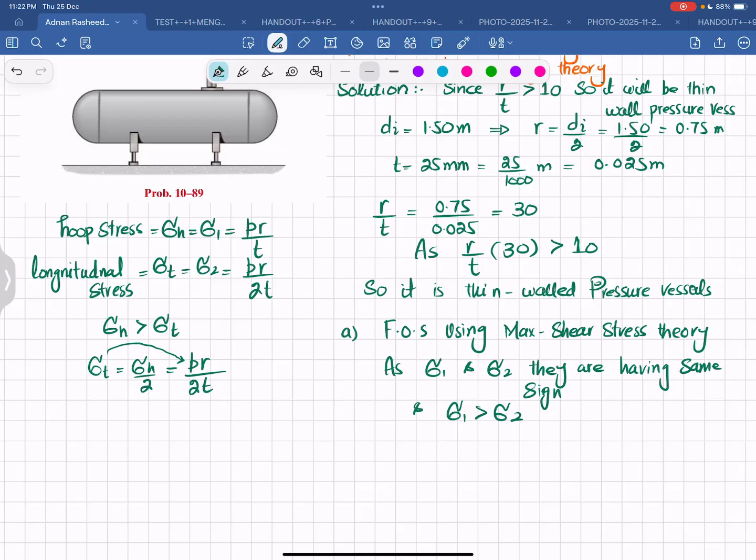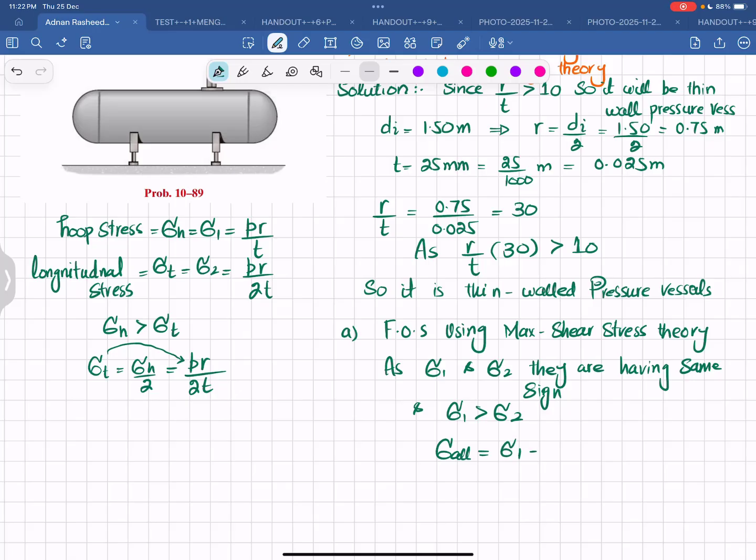So according to that, since sigma 1 is greater than sigma 2, the allowable normal stress will be equal to sigma 1.